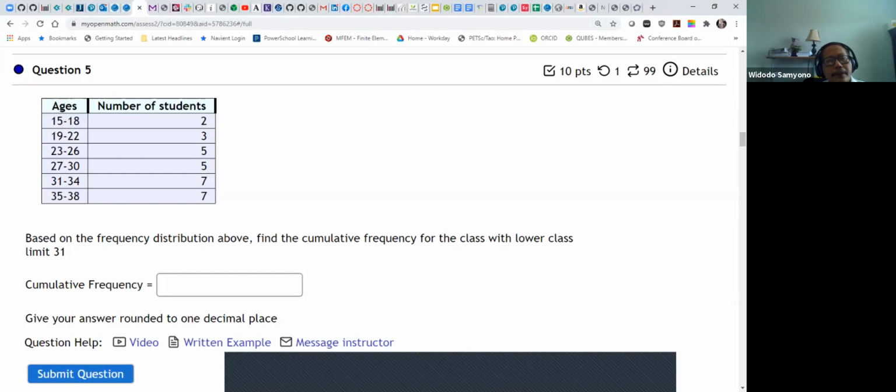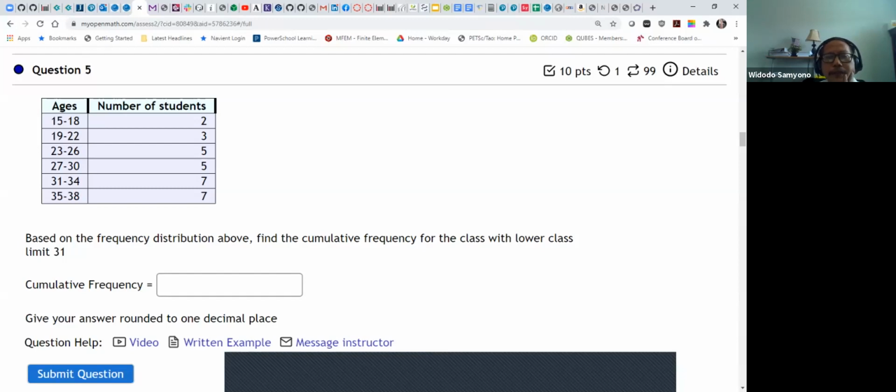For this class, you add these 3, or simply add the cumulative frequency for the previous one, which is 5 plus 5, so 10. The next one will be 10 plus 5, so you got 15. The next will be 15 plus 7, so you have 22. And then the last one will be 29.